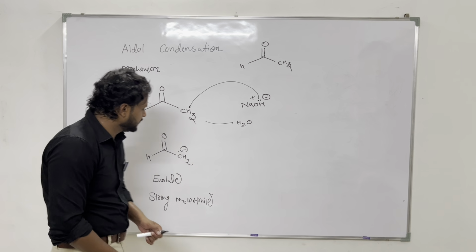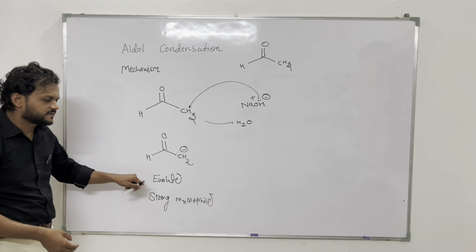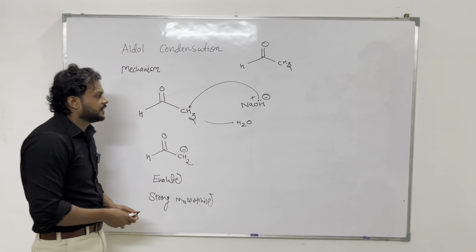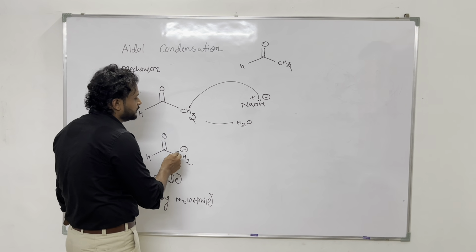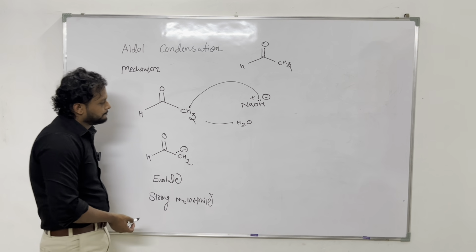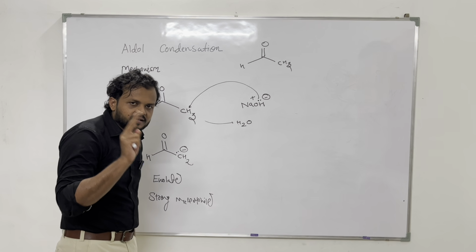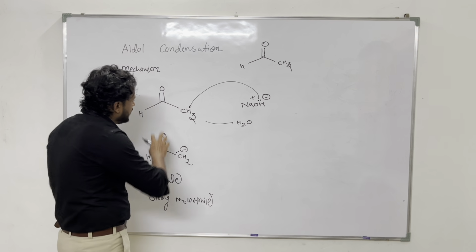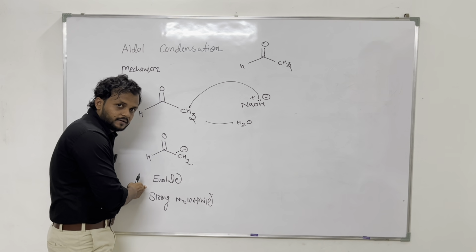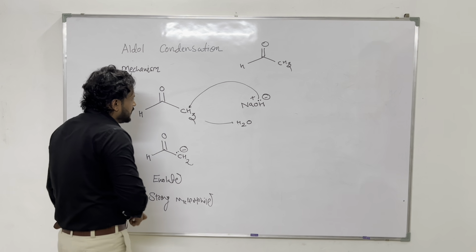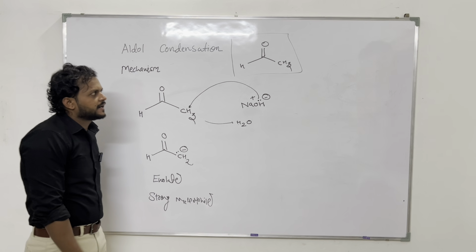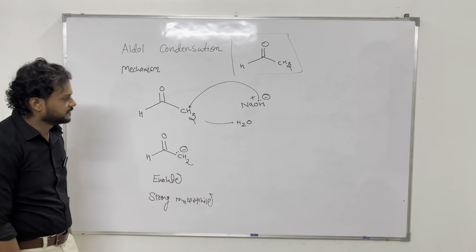So in the first step we have produced the enolate ion, and now that enolate ion is further going to do something. How many moles of aldehyde do we have? 2 moles, and 1 mole of aldehyde we have used to form an enolate, which is a strong nucleophile. And now our second aldehyde is still there in our reaction.